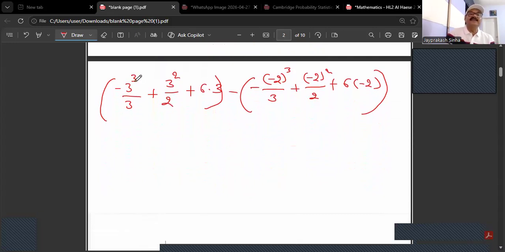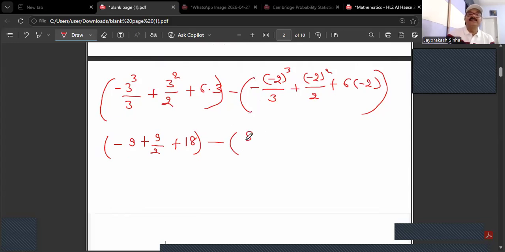So 3, 3 will be cancelled here. So this will become minus 9. This will become 9 by 2. This will become 6, 3 are 18. Minus, this will become minus 2 to the power cube is equal to minus 8. So minus 8 multiplied by minus, it will become plus 8.